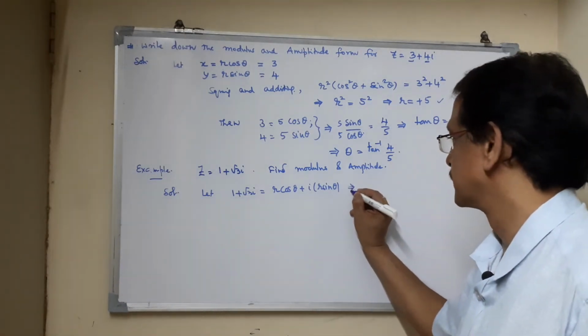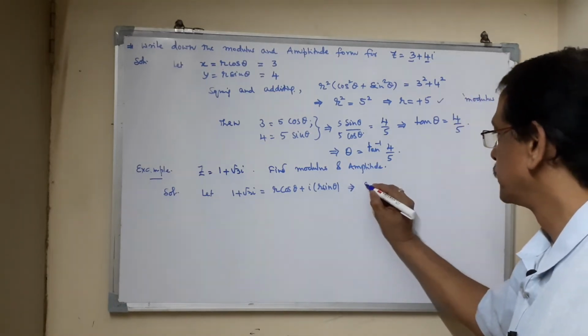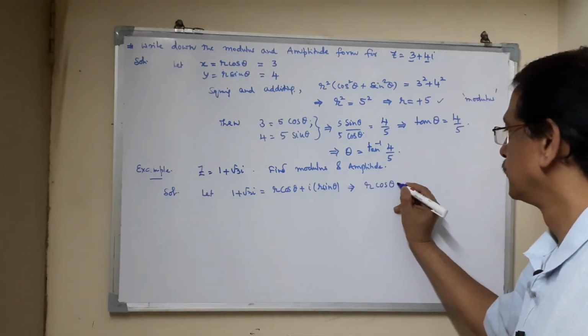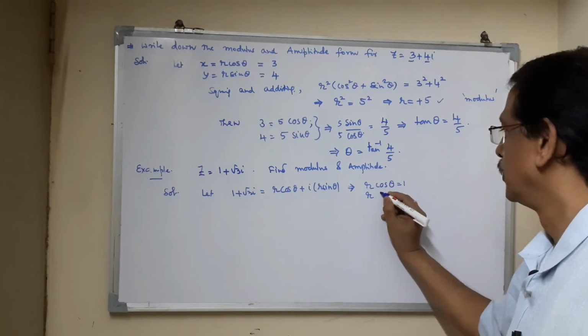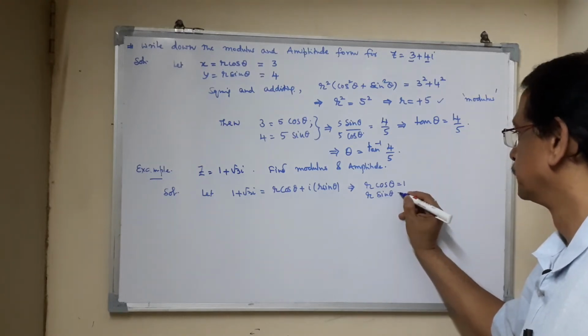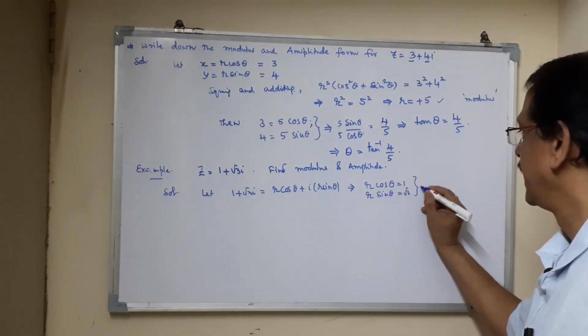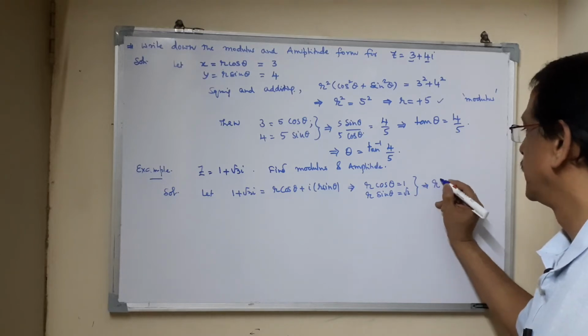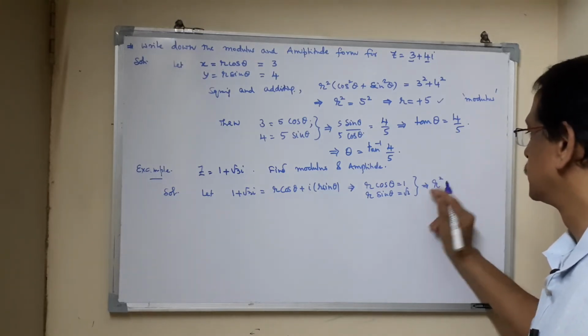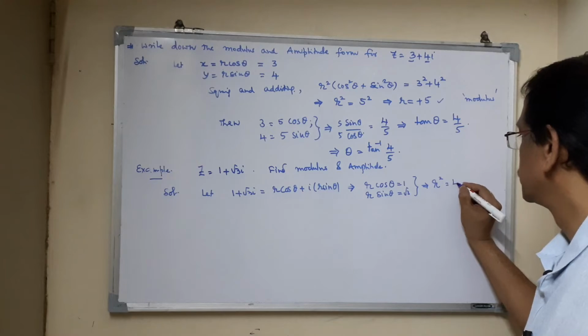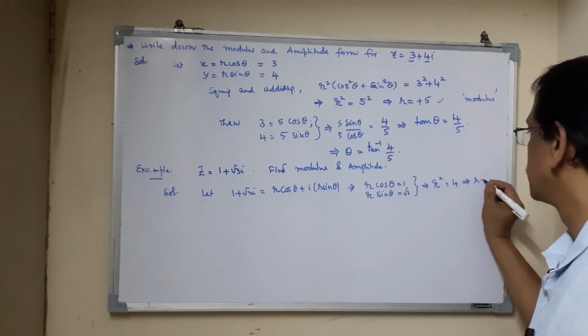So this implies r cos theta is equal to 1, r sin theta is equal to root 3. Again squaring and adding, we'll get r square is equal to 1 square plus root 3 square, which is 4. So r is plus or minus 2.